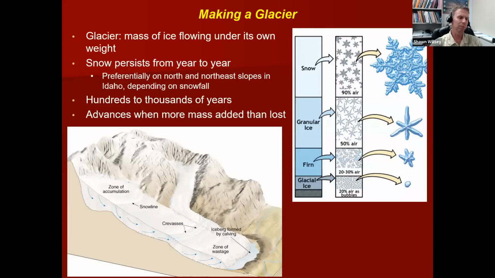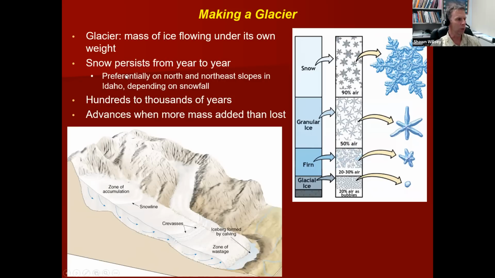There's oftentimes some confusion about what a glacier is or isn't. Sometimes people hike up into the mountains in August and they see a white patch on the hillside, and they assume it's a glacier, when in fact it's just maybe a persistent snowfield, depending on how much snow we're getting in a given year.